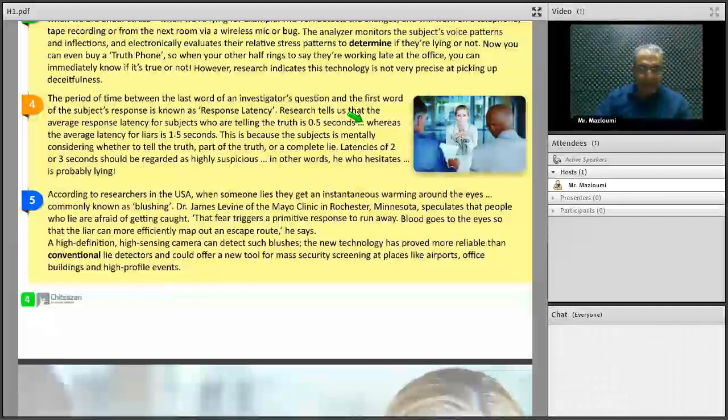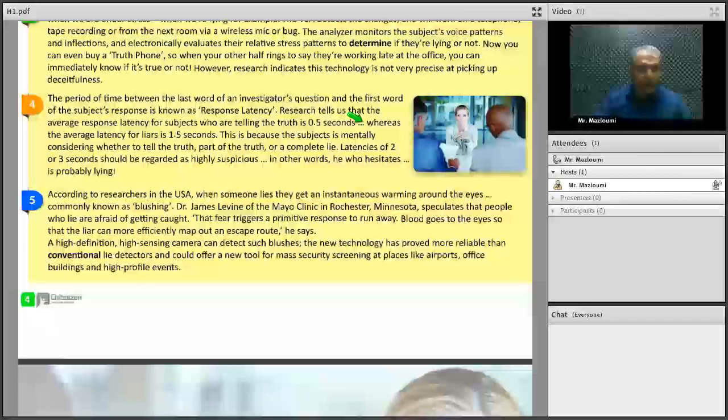A latency of 2 or 3 seconds should be regarded as highly suspicious. In other words, he who hesitates is probably lying. Remember, the average response latency is less than a second, half a second. But when it takes more than 2 or 3 seconds for someone to answer a question, it sounds suspicious. You know, something fishy is going on.